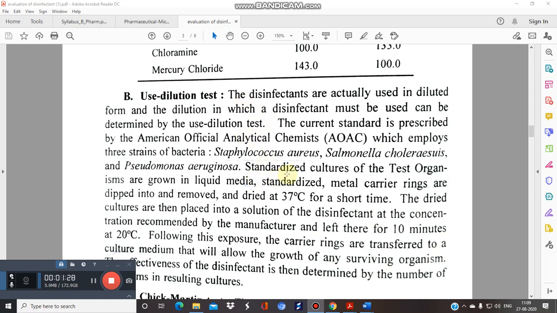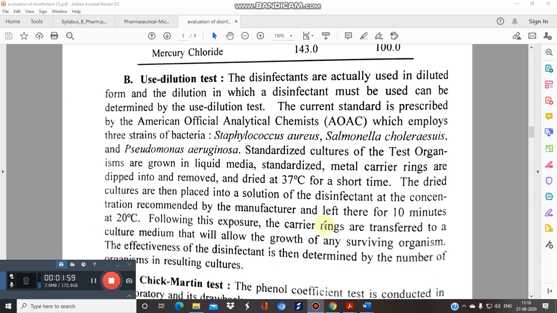Standardized cultures of the test organisms are grown in liquid media, then dipped and removed, and dried at 37 degrees Celsius for a short time. The dried cultures are then placed in a solution of disinfectant at a particular concentration and left for 10 minutes at 20 degrees Celsius, and you calculate the survival of the microorganism.